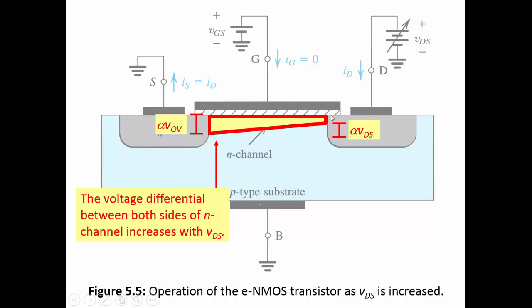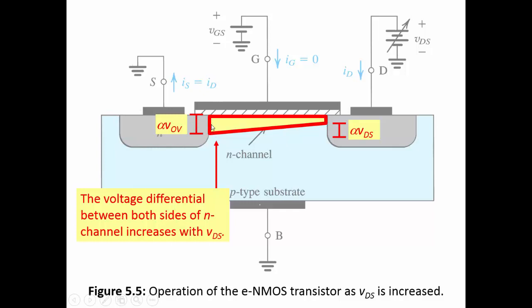So that means that over at this end, the gate is at 2 volts, the drain is at 1 volt, and therefore the effective voltage is 1. Now I forgot to mention the overdrive voltage. Let's say the overdrive voltage is a 1/2 volt. So that means that our effective overdrive here is 1.5 volts. But over here, our overdrive will be decreased by 1 volt, so it'll only be a 1/2 volt.